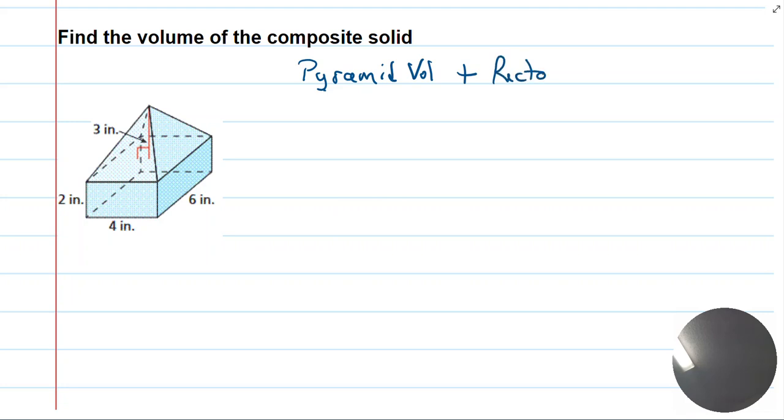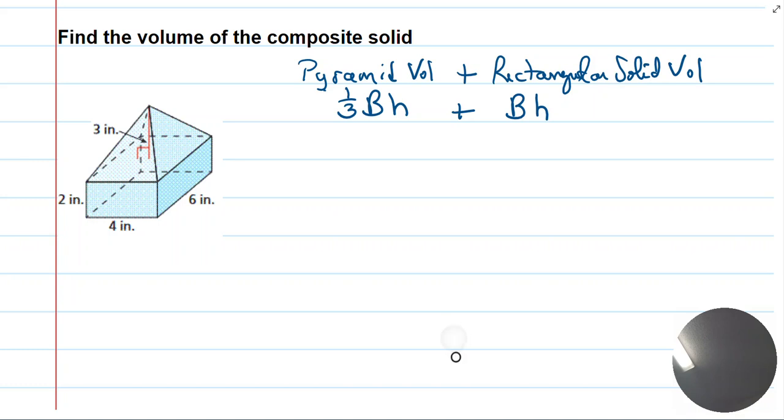All right. So the pyramid is 1/3 base times height, and the rectangle is base times height. So the base for the pyramid is a rectangle. So I'm going to have 1/3 times 4 times 6, and the height is 3.